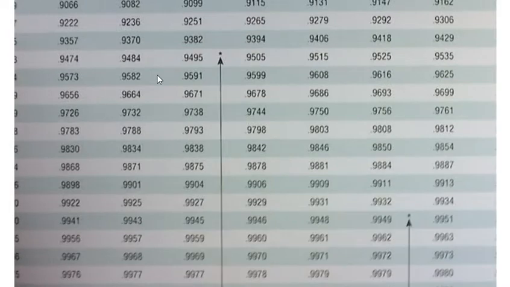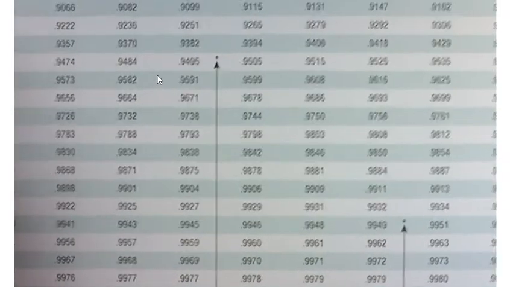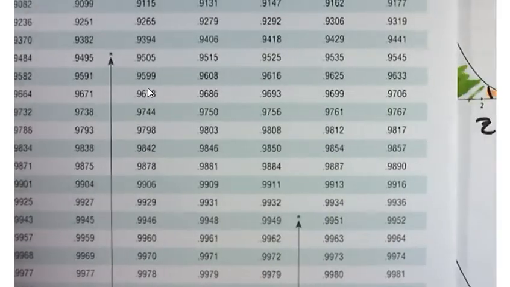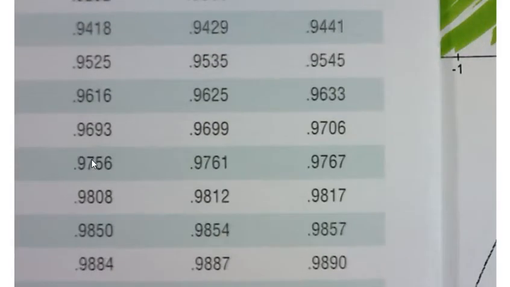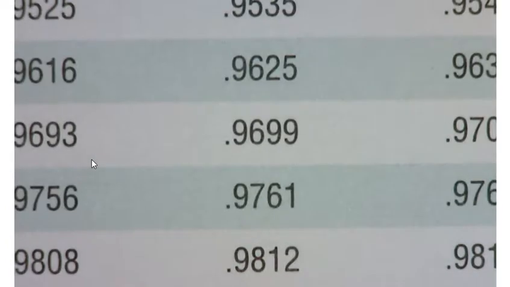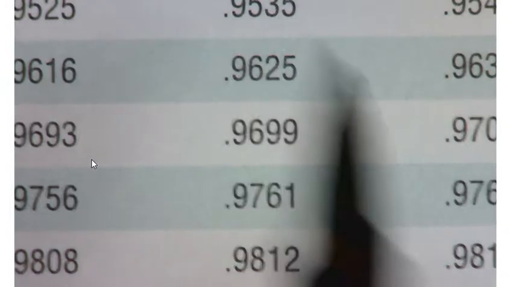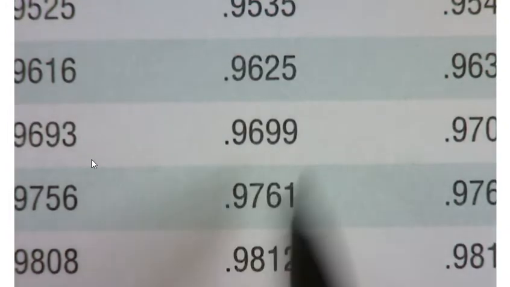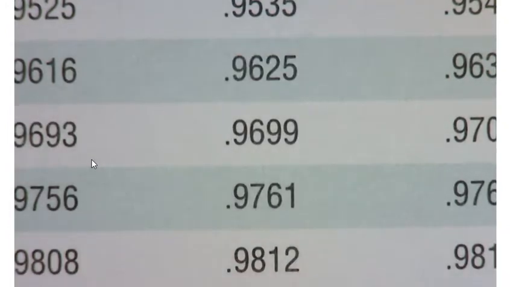Should be able to find something really close. All right, I'm thinking we got a winner right here, 0.9699. That's pretty close.